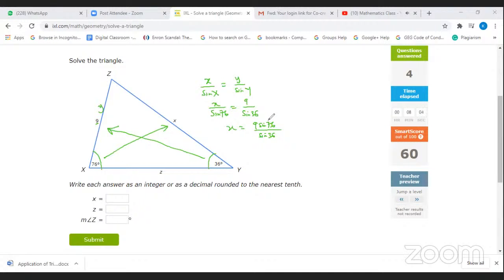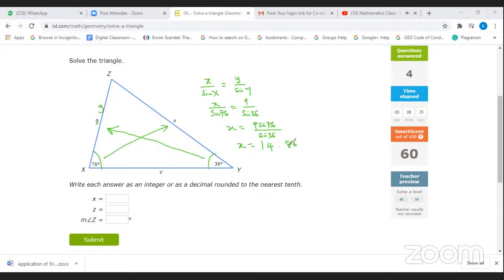So we can either use our 4-figure table or calculator to find 9 sine 76 divided by sine 36. If you use your calculator, we should get 14.86. That's x equals 14.86.